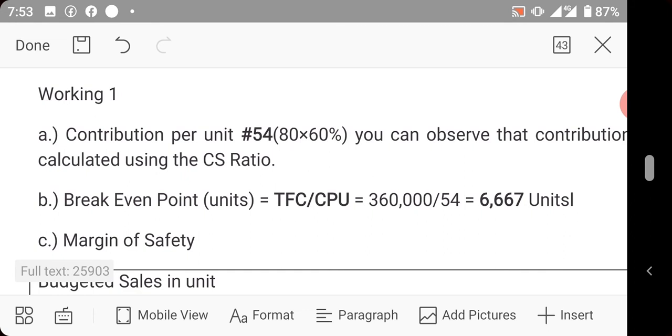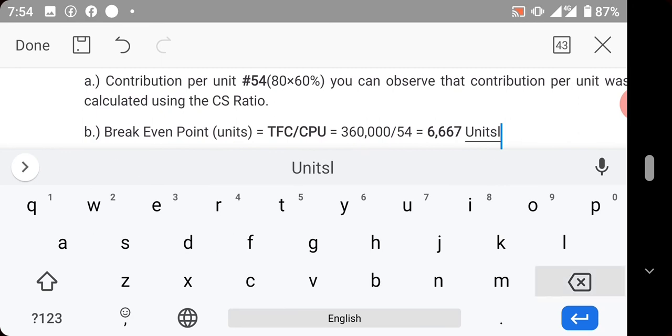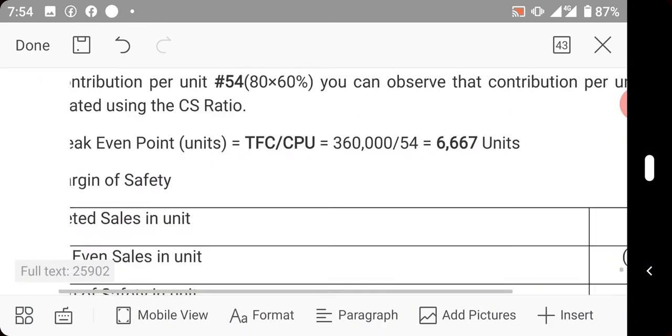Now we get our break-even point in units, which is total fixed cost divided by contribution per unit. Remember in the equation, the total fixed cost is 360,000, and we've gotten our contribution per unit to be 54. So divide, you have 6,667 units. Now with this gotten, you can compute your margin of safety.